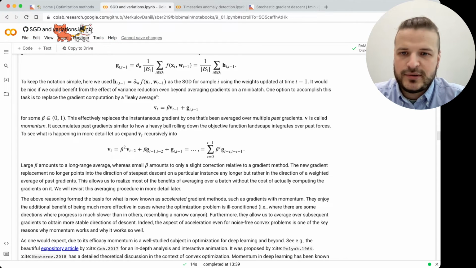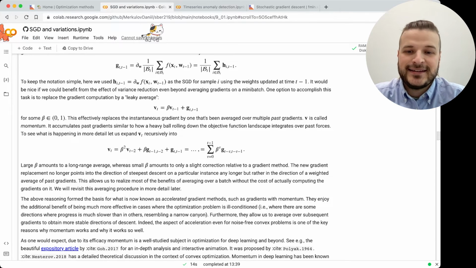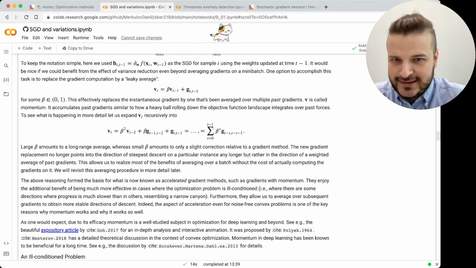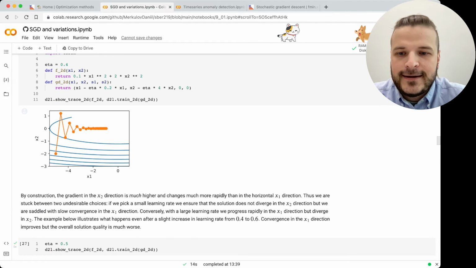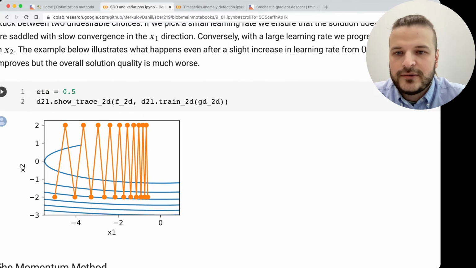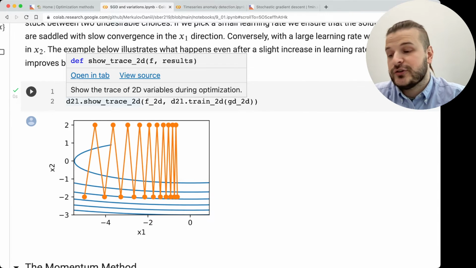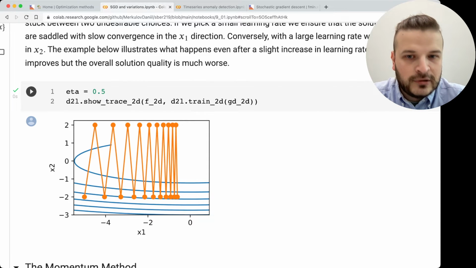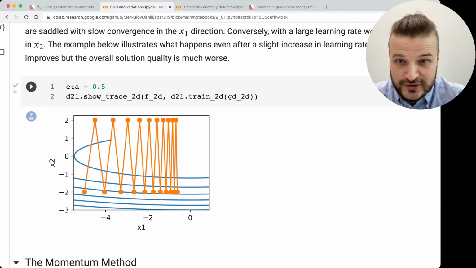And that was developed in the previous century, and it's one of the provable ways to accelerate stochastic gradient descent or just gradient descent. That's a very useful idea. For example, consider the same problem of an ill-conditioned quadratic function with a constant step size, and you'll see this behavior. That's not convergence, that's bad.